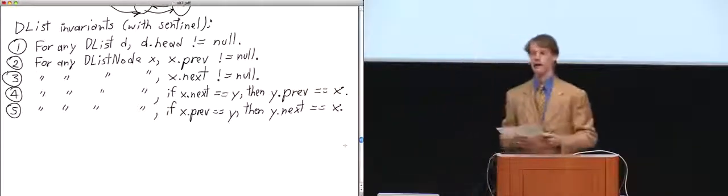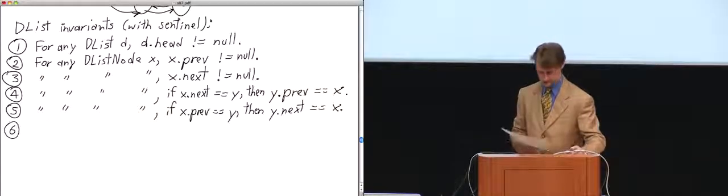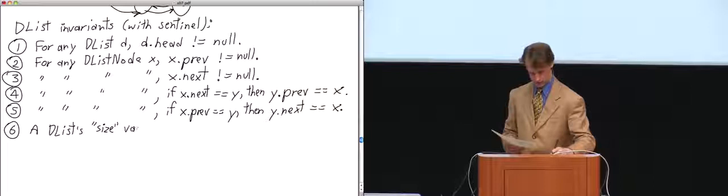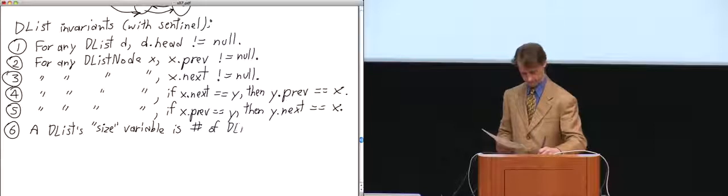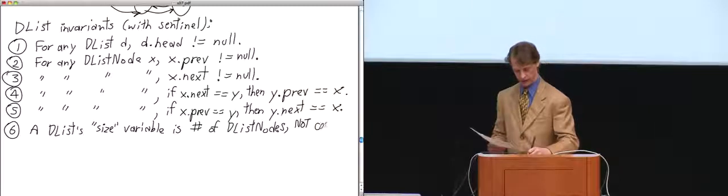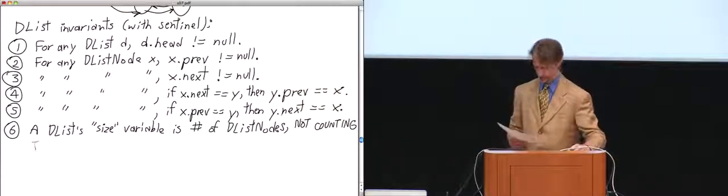And our last D-list invariant will be that the size field should be correct. And when I say correct, we do not count the sentinel because the sentinel does not store an item.